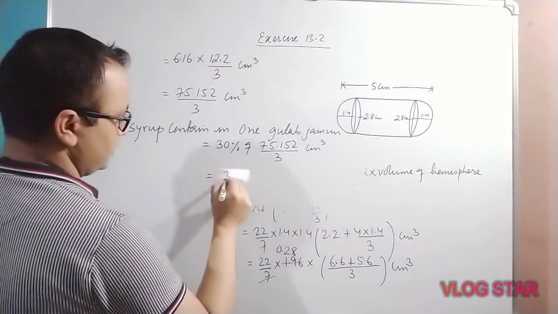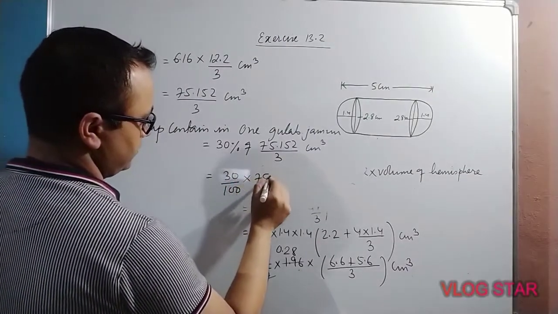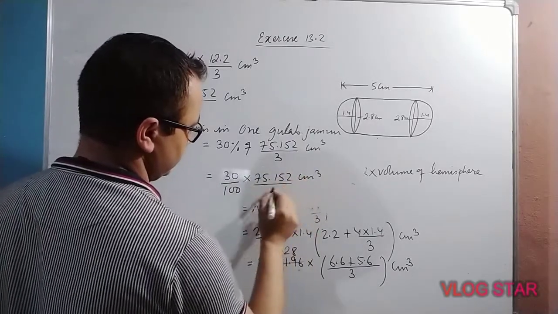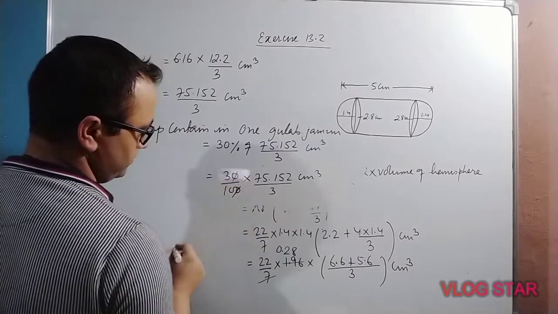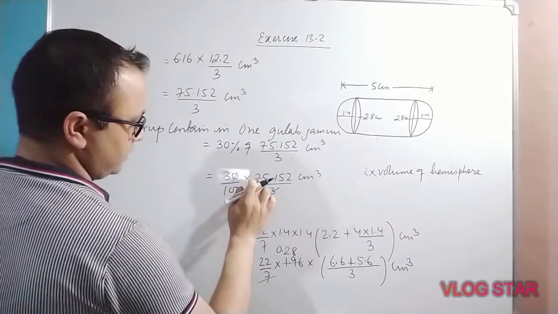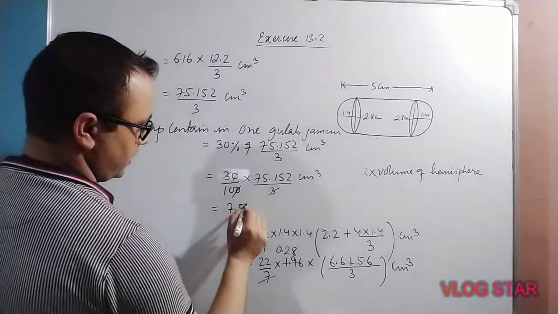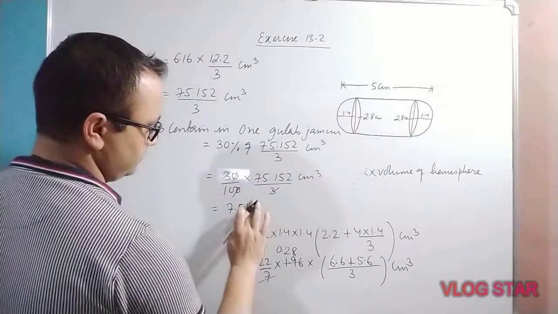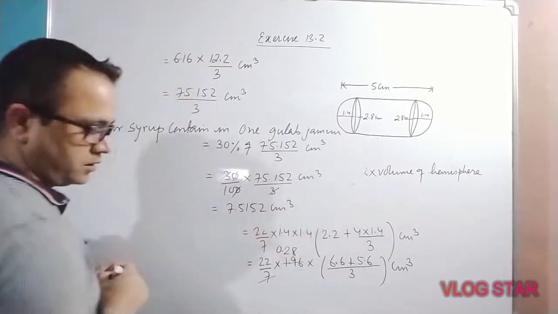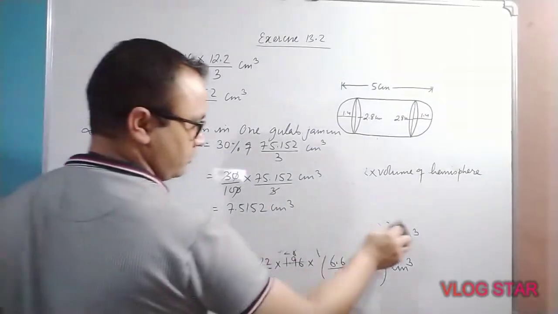This equals 30 by 100 into 75.152 centimeter cube divided by 3. We can cut the 0s, and 3 with 3. If you divide 75.152 by 10, you get 7.5152 centimeter cube. Now we will be able to calculate the sugar syrup contained in 45 gulab jamun.